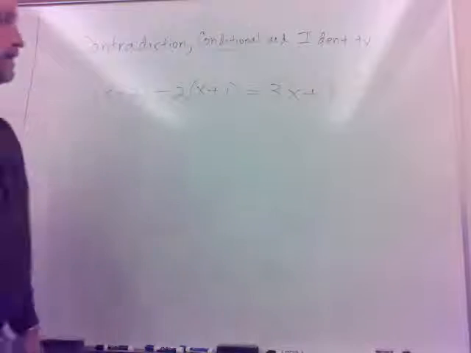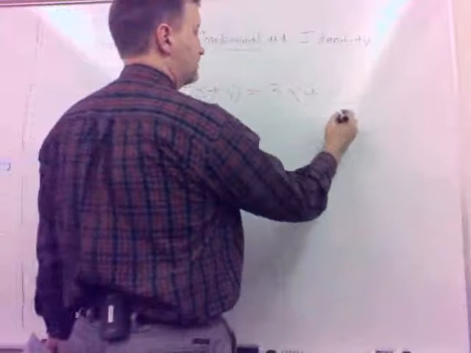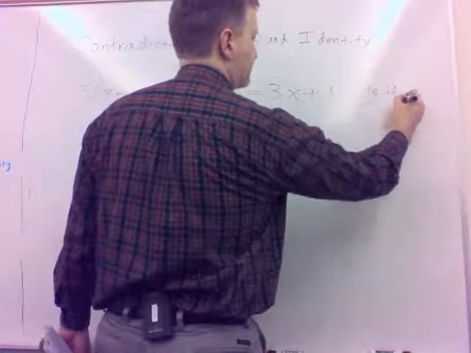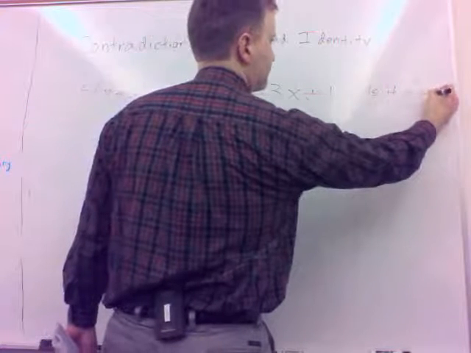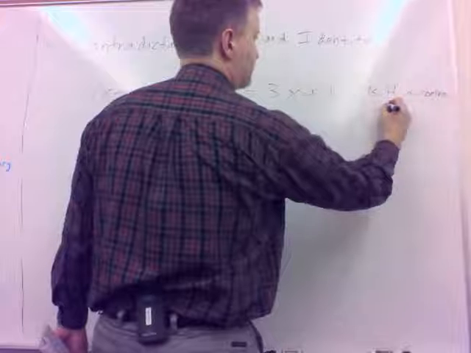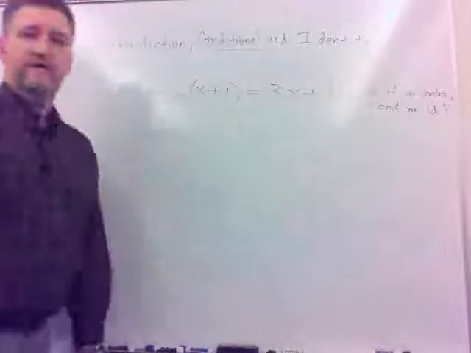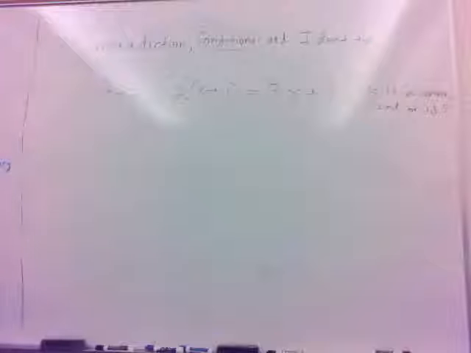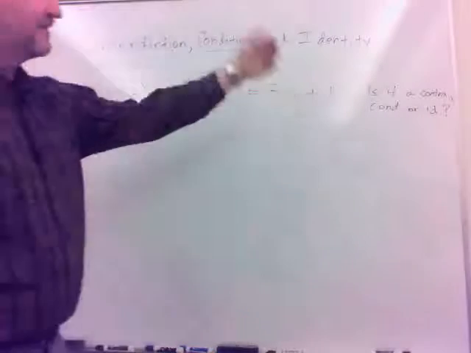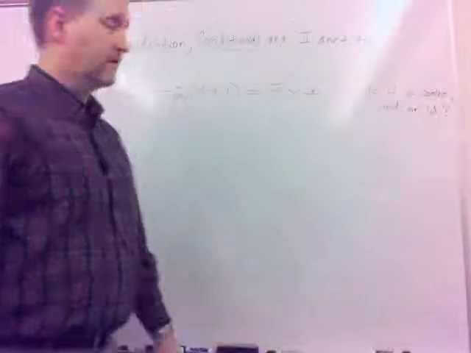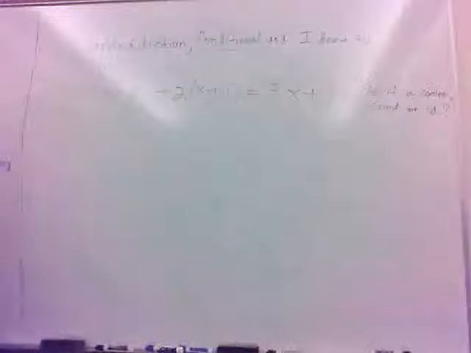We do want to solve that, but they also will ask, is it a contradiction, conditional, or an identity? Which one is it? Well, the way you tell is you solve it out. If we get x equals a number, that's conditional. If it's a false statement, contradiction. If it's always true, it's an identity. You just have to work it out.